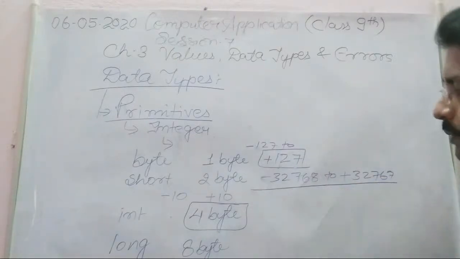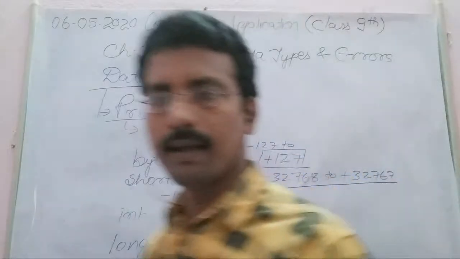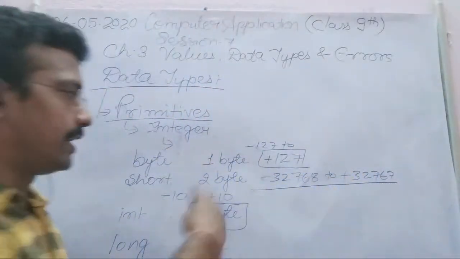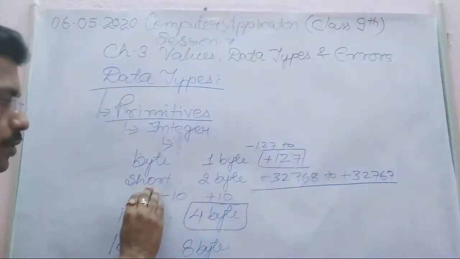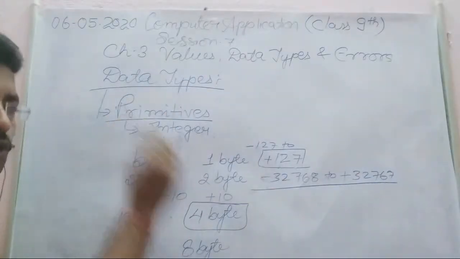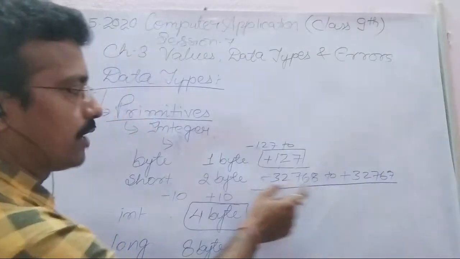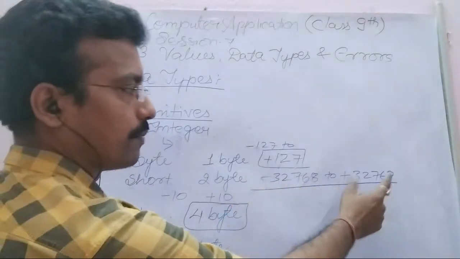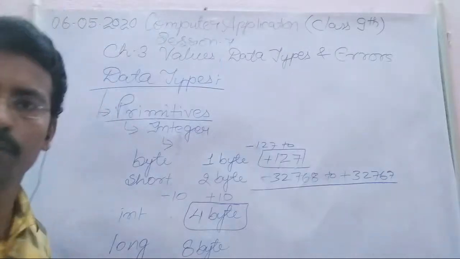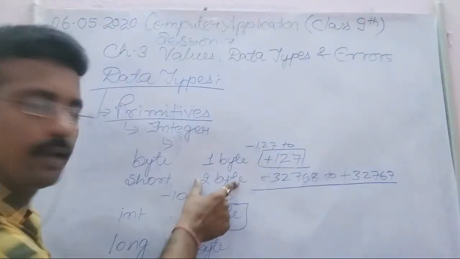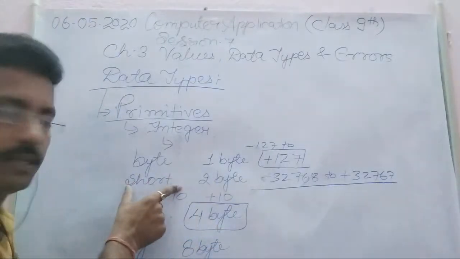This is the range of short variables or short data types. If you take any short variable and want to store a value, in minus you can go up to this range, and in plus you can go up to this range. After that, the next value will not be accepted by this particular data type.